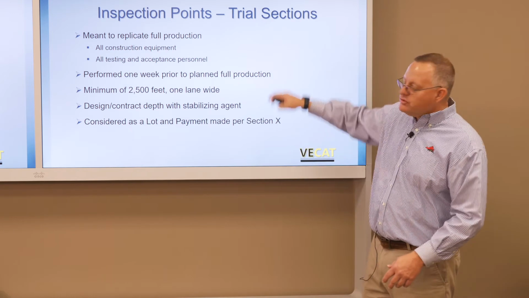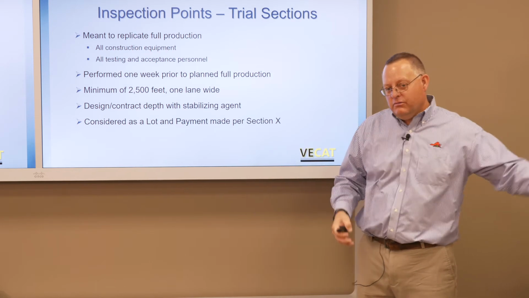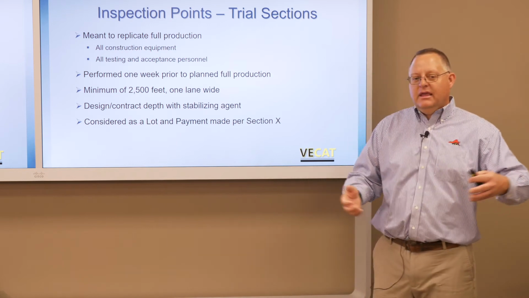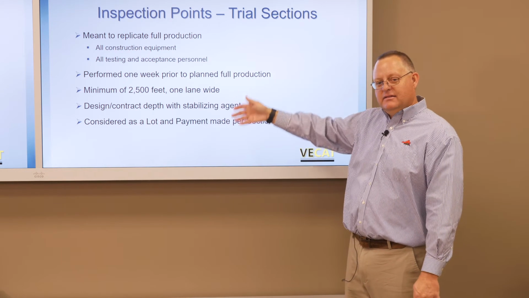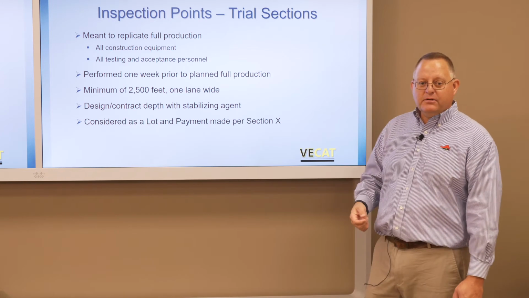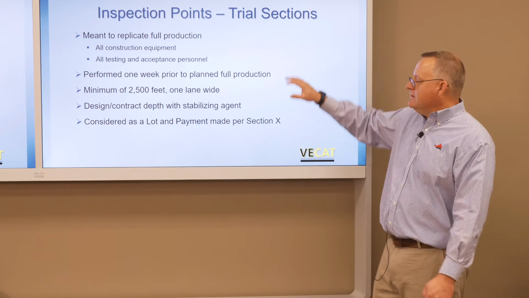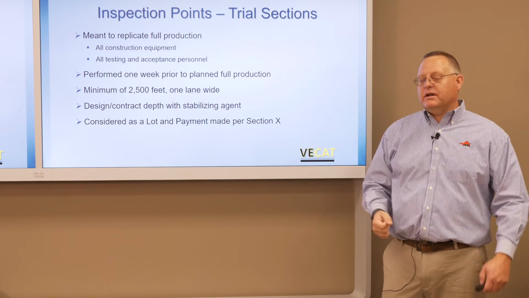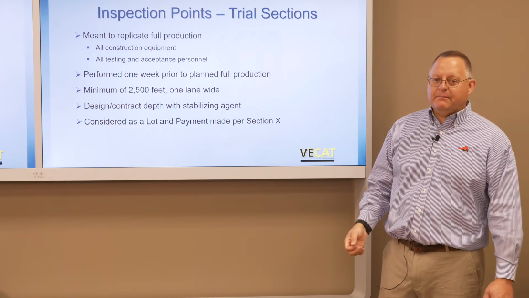So overall, trial section, if it goes well, we move on to full production. If we have issues, again, the department can call in and say you need to bring in an expert, a technical rep to be present to see why we're not getting probably the necessary compaction.